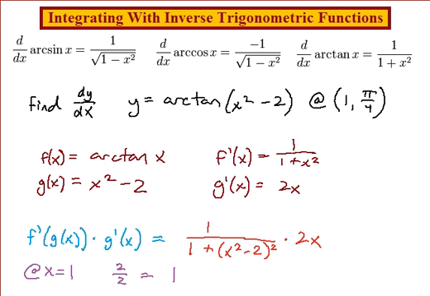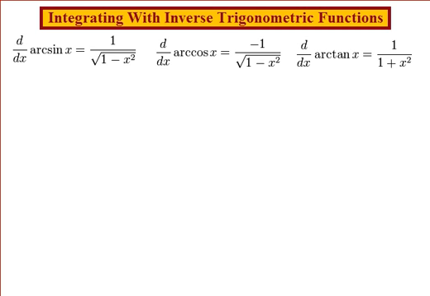Now that we've taken a look at a derivative problem that uses arctan and the derivative of arctan, let's do the opposite process. Let's integrate with arctan. We are asked to evaluate the definite integral x over 1 plus x to the 4th from 0 to 1. Again, your first instinct might be to use the chain substitution.